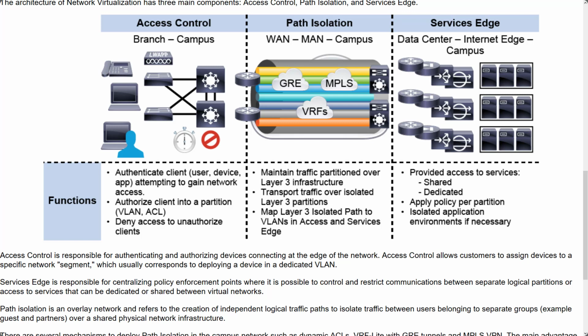What is path isolation? Path isolation often gets considered as a VPN, a virtual private network. We've known path isolation for many, many years. ATM, asynchronous transfer mode, did path isolation with SVCs, switched virtual circuits. Frame relay did path isolation with PVCs, permanent virtual circuits.